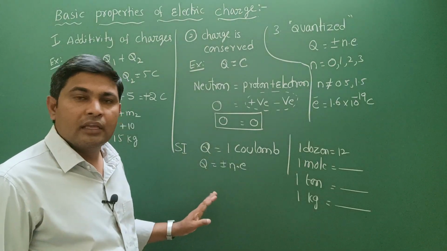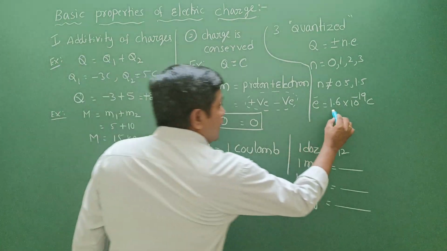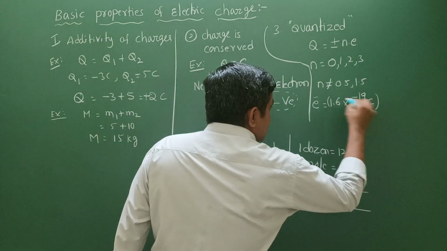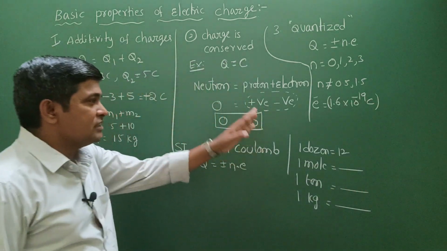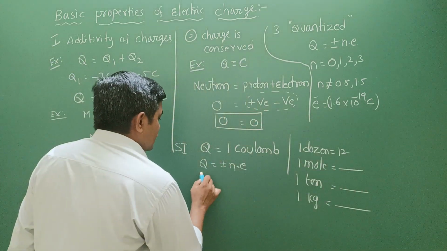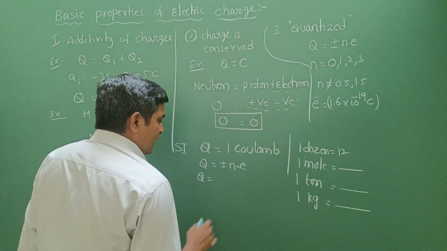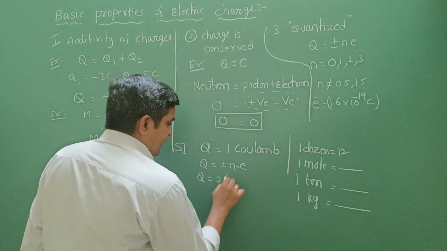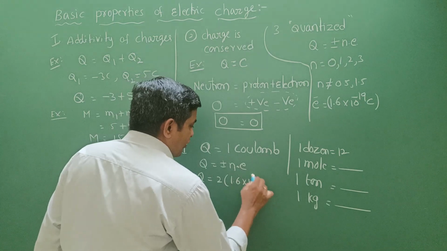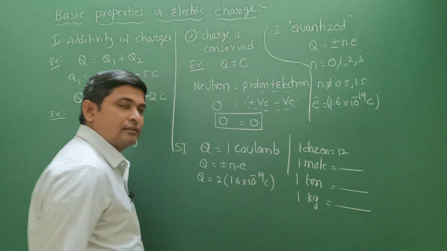That's why in a single expression you are writing plus or minus n into e. One electron is going to have how much charge? This much. So if there are two electrons, it is 2 into 1.6 into 10 to the power of minus 19 coulomb, right?